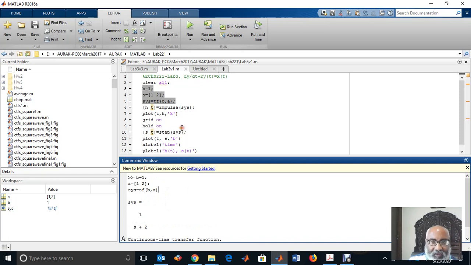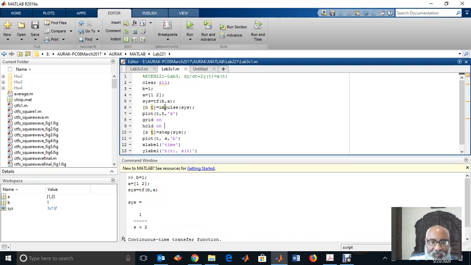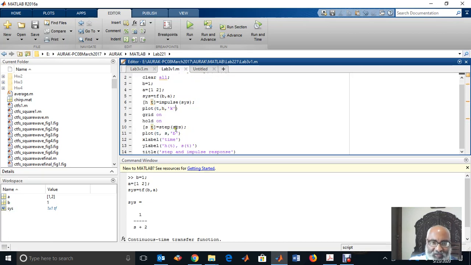Then what I did after that: H of the impulse of the system. I find the impulse of the system and put it in a vector H, and I get the time vector. So if I do it like this, it gives you the impulse H and the time vector. Then plot t, the impulse, t versus H, with black color here. On the same graph, I also plot the step response. How do I call it? S, t is equal to step of the system.